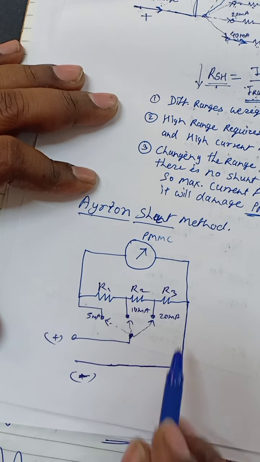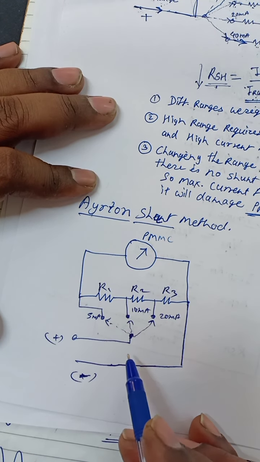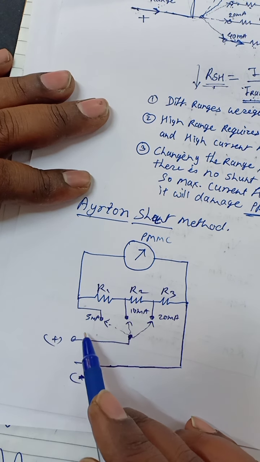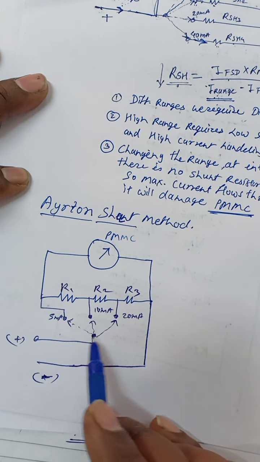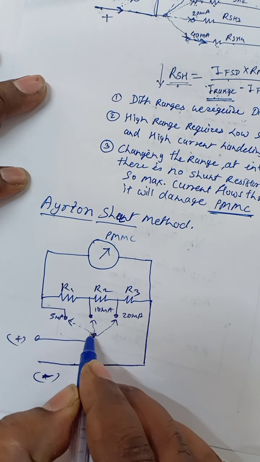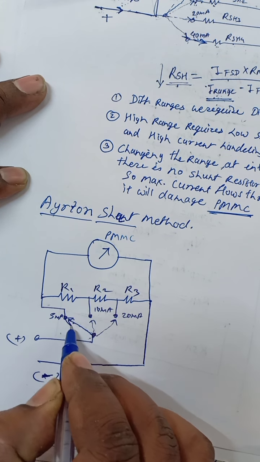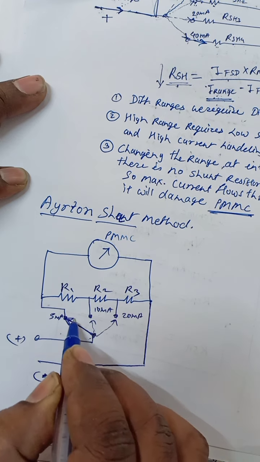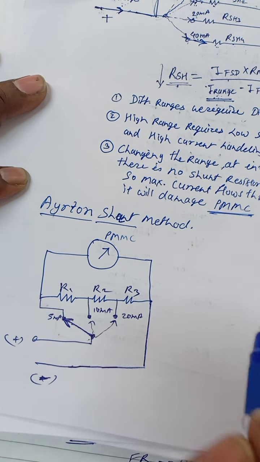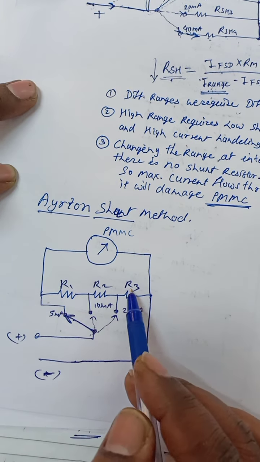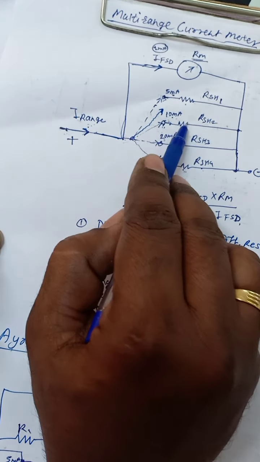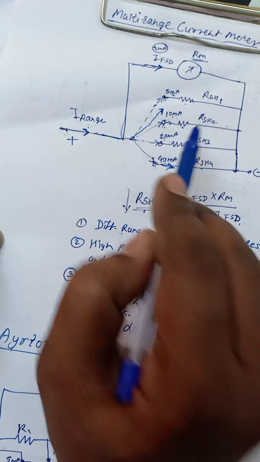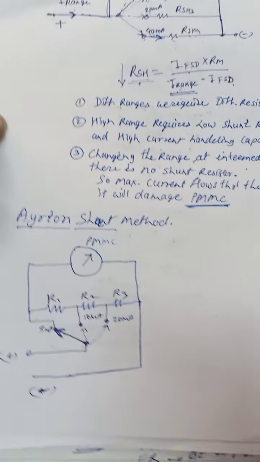So this arrangement is known as the Ayrton shunt method. When the selector knob selects the 5 milliampere range, what will be the RSH? Here the shunt resistor for this range is RSH1, for this one RSH2, for this one RSH3, and for this one RSH4.